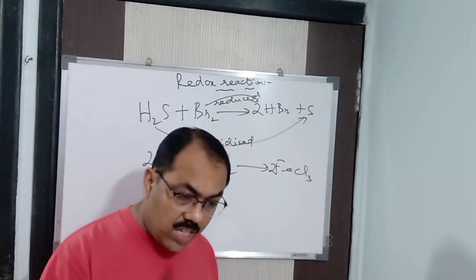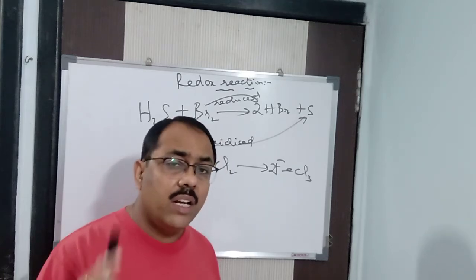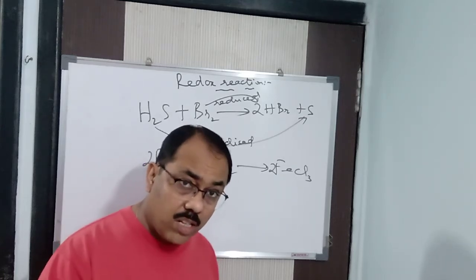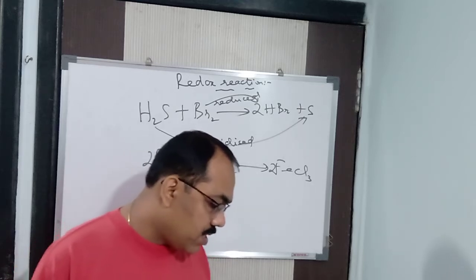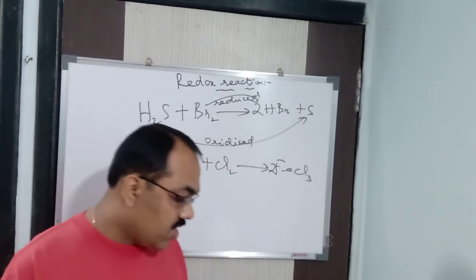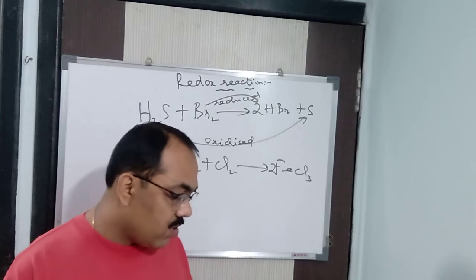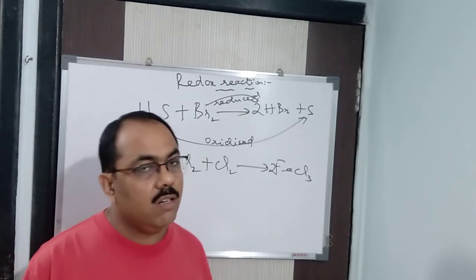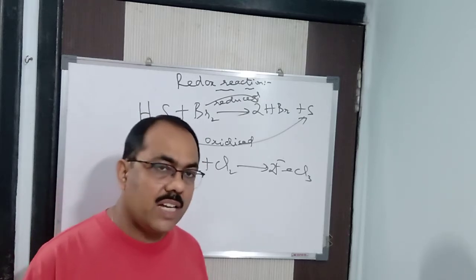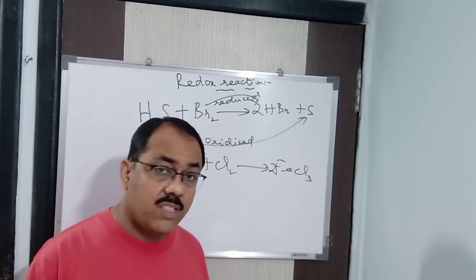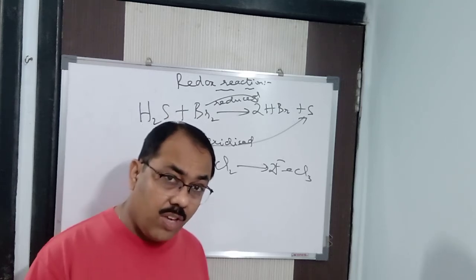Again I repeat, reducing agent reduces other substances, but itself it gets oxidized. So hence it loses electrons. While a substance, atom, ion or molecule, which can readily accept electrons from other substances is called an oxidizing agent or oxidant. Listen very carefully.